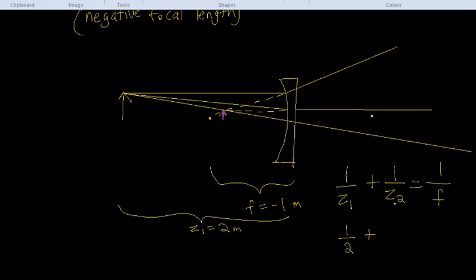We're trying to find Z2, which is the distance right of the lens of where the object should be. Remember that. It's to the right of the lens. That's how this is defined. I chose this example for a reason. It's pretty tricky. Then 1 over the focal length. Remember, this is a diverging lens, so the focal length is negative. So we'll go ahead and write that.